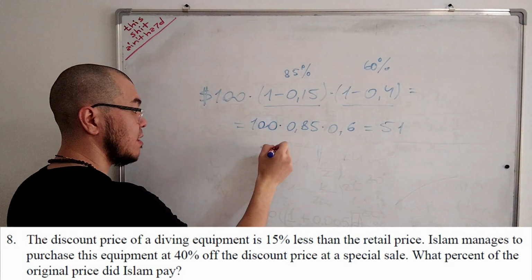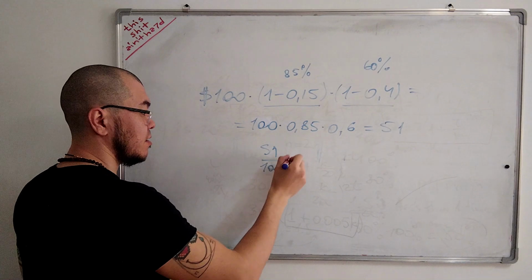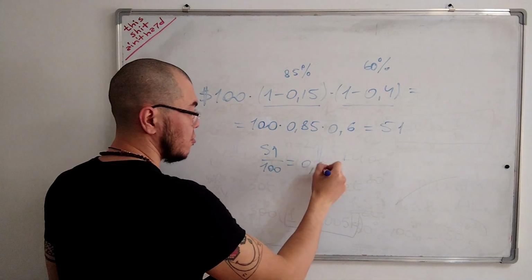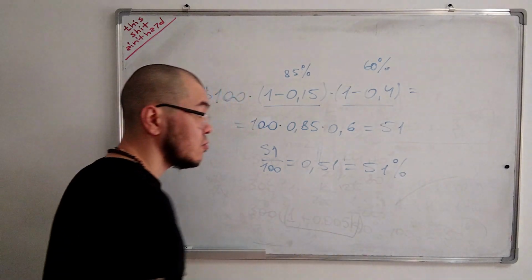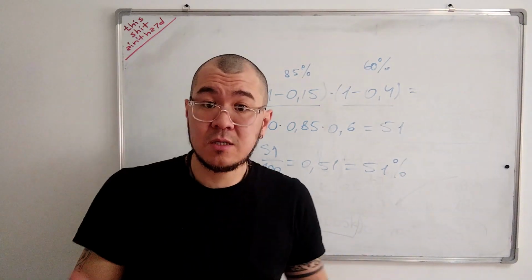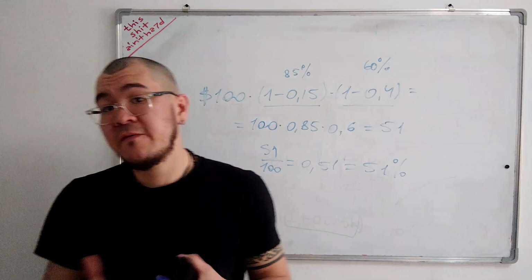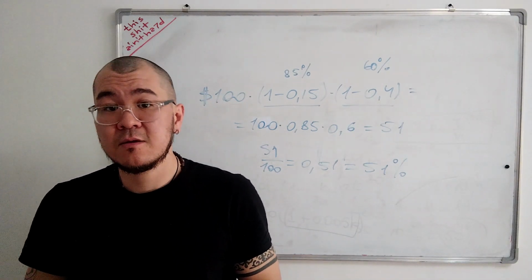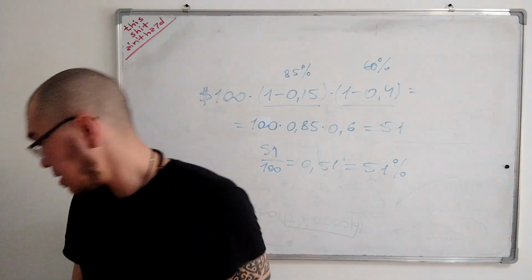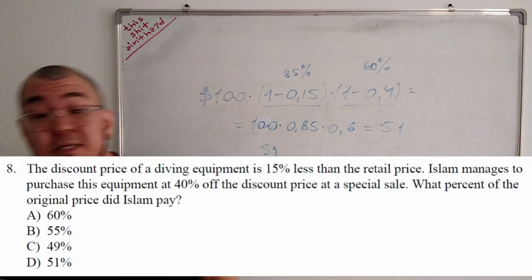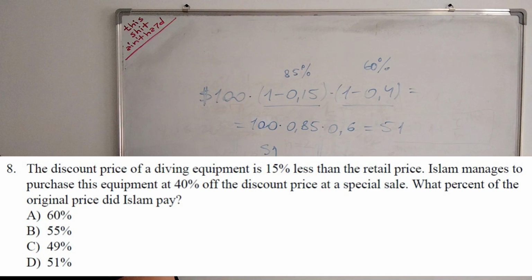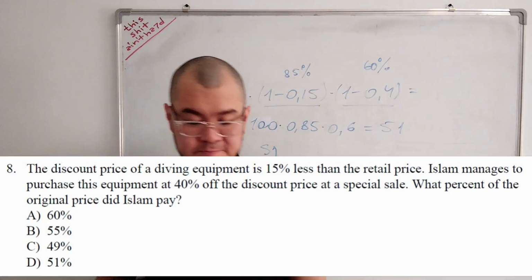And 51 bucks divided by 100 is equal to 0.51, equal to 51%. So Islam did pay 51% of the original price. The answer is D. Okay. Next one.